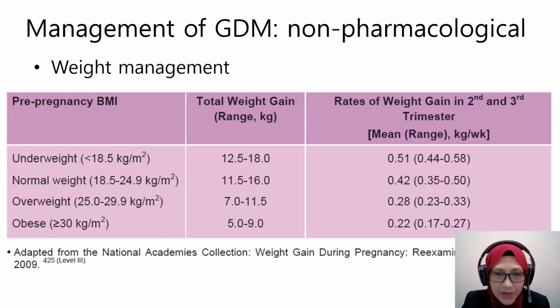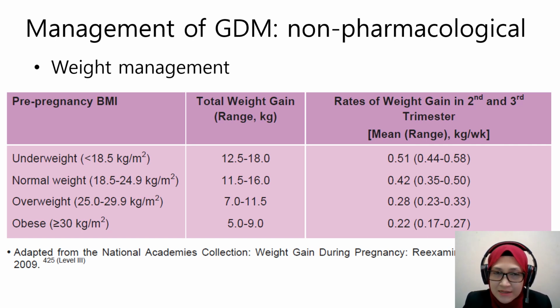And for the weight management, they have a different range which is tolerable for them to gain weight during the second and the third trimester, because during the first trimester there won't be much change, because the baby is very small at that time.